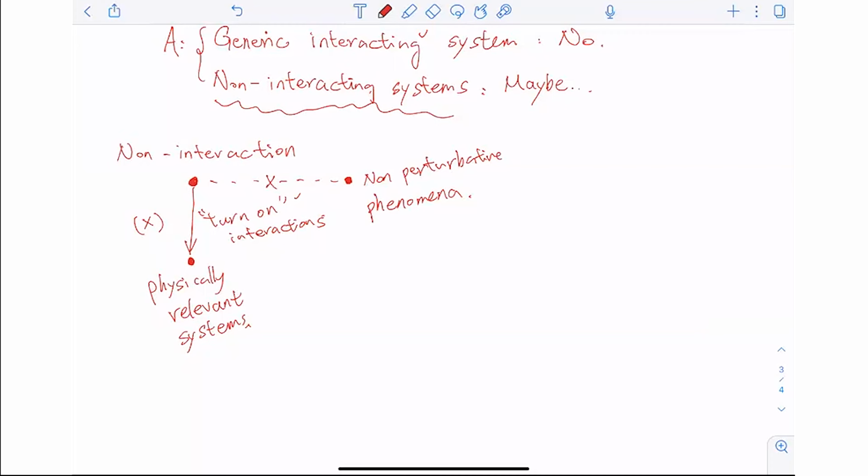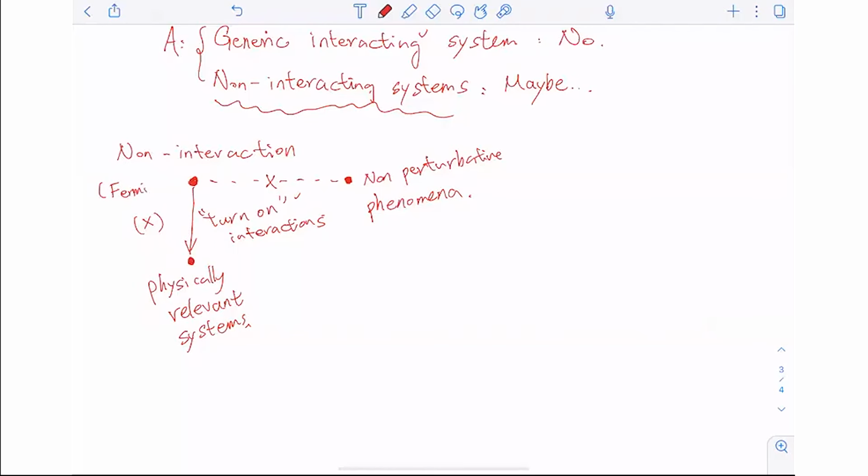the Fermi liquid theory. So let me start. The Fermi gas might be something at this point.